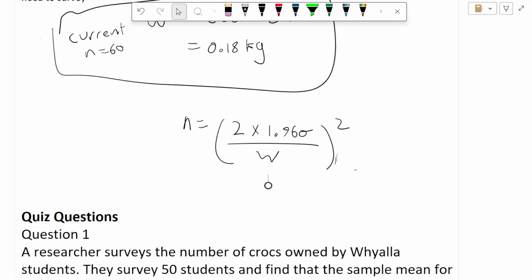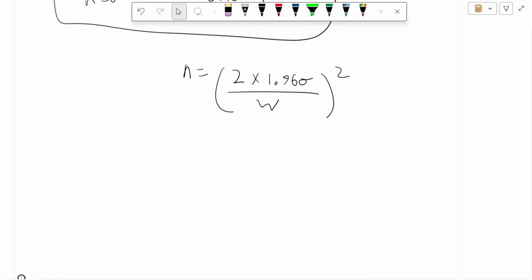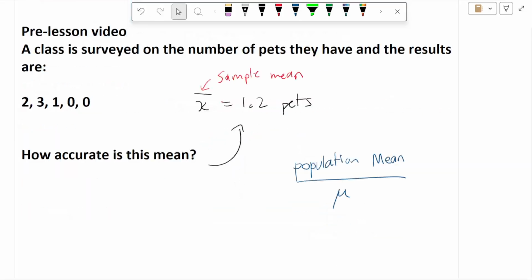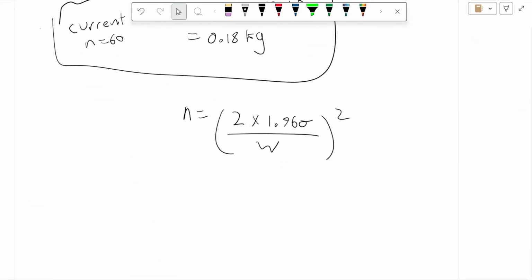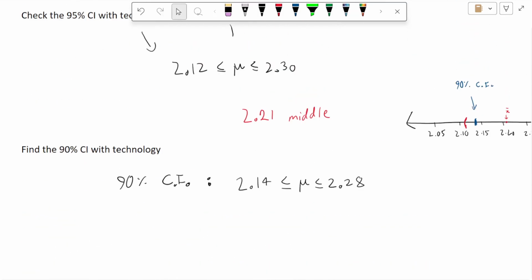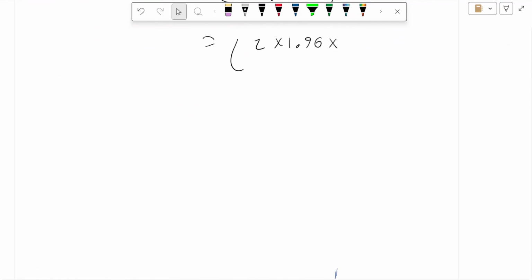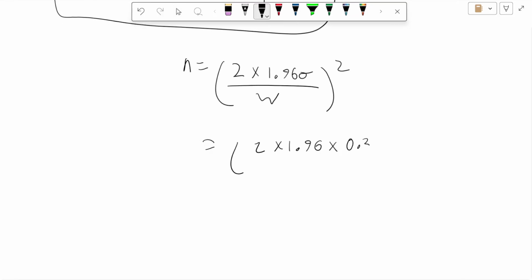But we can pretty much just work that out. So let's make sure I've got that formula 100% right. Yes, I do. Let's just plug in everything we've got. So it's 2 times 1.96 times the standard deviation, which was 0.35, over the width I would love it to be, 0.1, and I want to square this.